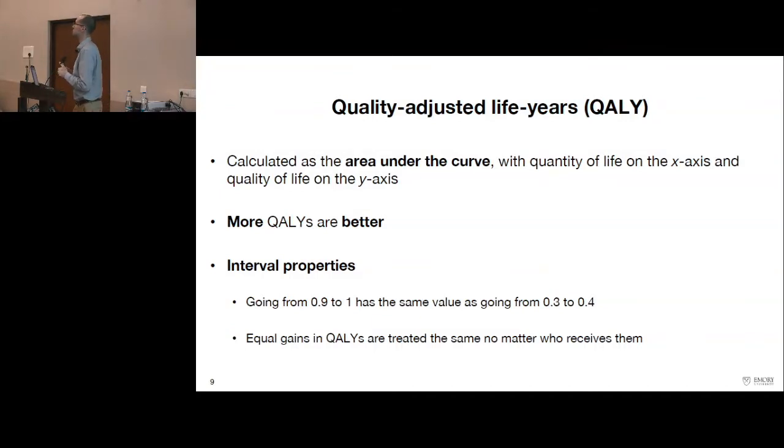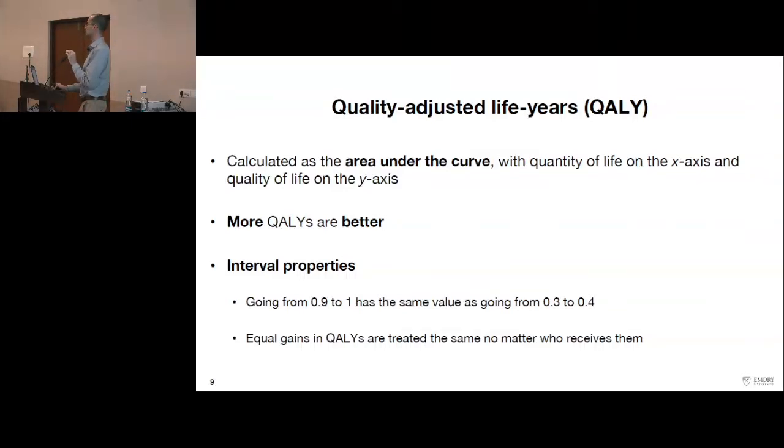One thing that some people don't like about QALYs is that they have this so-called interval property. That means that, as I have on the slides, going from quality of 0.9 to 1, perfect health, is valued the same as going from 0.3 to 0.4. Is that appropriate? I don't know. Maybe it is, maybe it's not. Another thing is that gains in QALYs are treated equally.